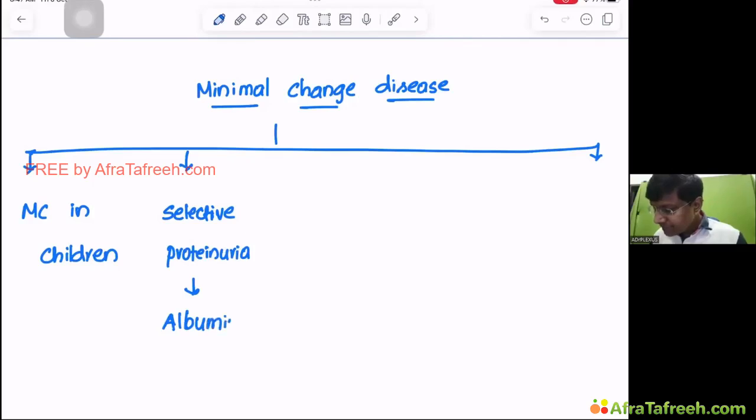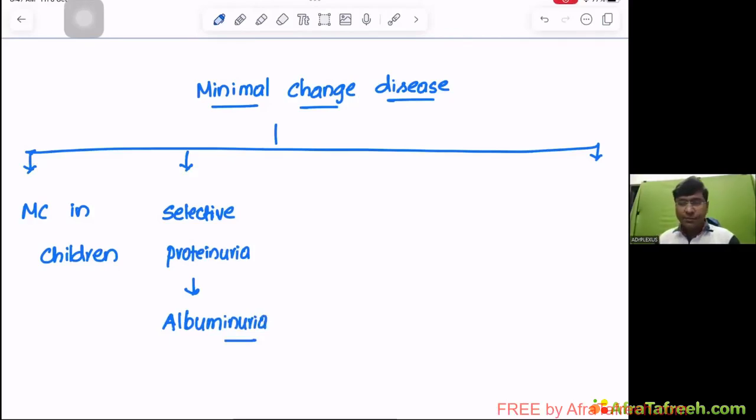Whereas in other forms of nephrotic syndrome, it is non-selective proteinuria. But in minimal change disease, the type of proteinuria that you will have is the albuminuria. And albumin is the protein which will maintain the oncotic pressure.